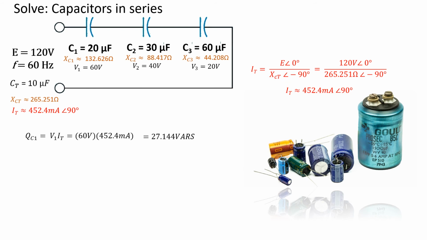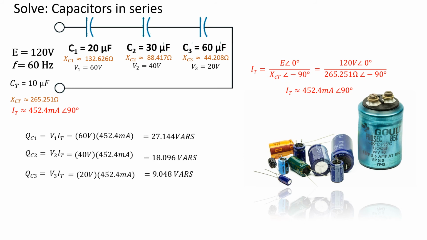We can go back and use some of our old Ohm's law formulas. We can use any of the ones we wish. I'm going to use volts times amps, which will result in each of the following capacitive reactive powers, which are measured in vars.